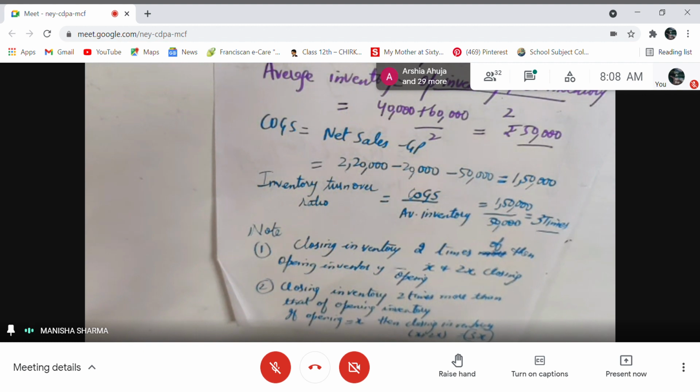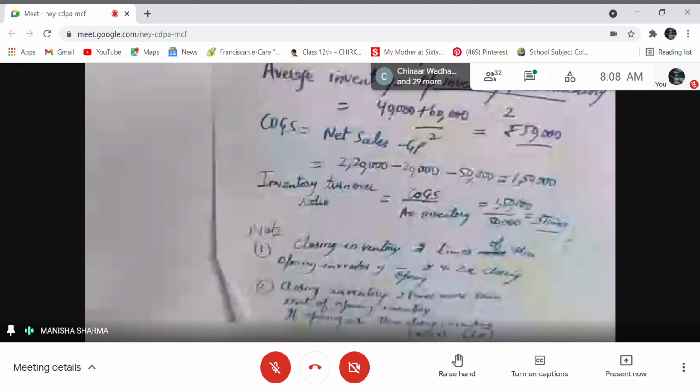Got it? The only thing in this question was that opening inventory was not given, and it was given that closing inventory is in excess of opening by 20,000. So using that concept, you had to find the opening inventory. Otherwise, all information was direct.